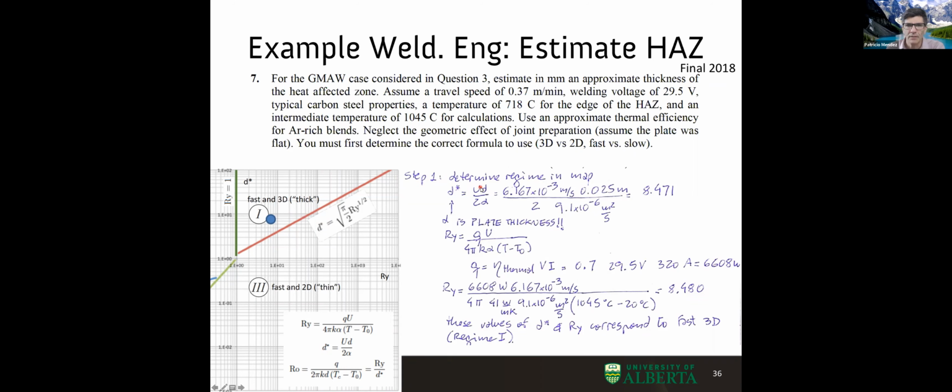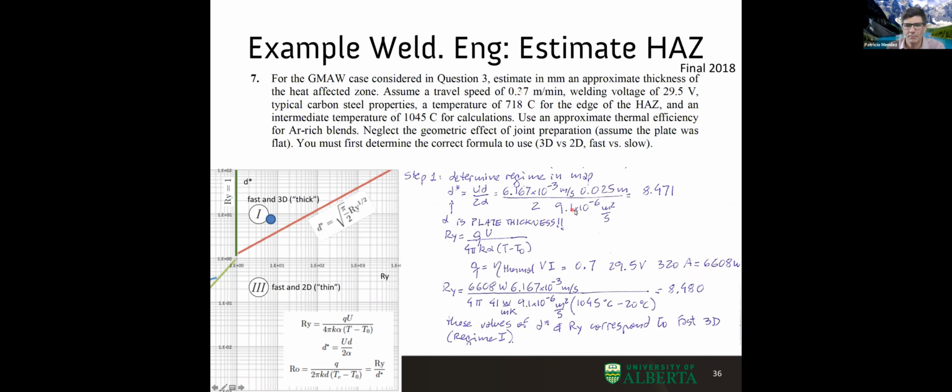So travel speed, that was 0.37 meters per minute, and this was converted to meters per second. D is the thickness, which was in the other part of the statement, and the thickness was 1 inch, 2.5 centimeters.